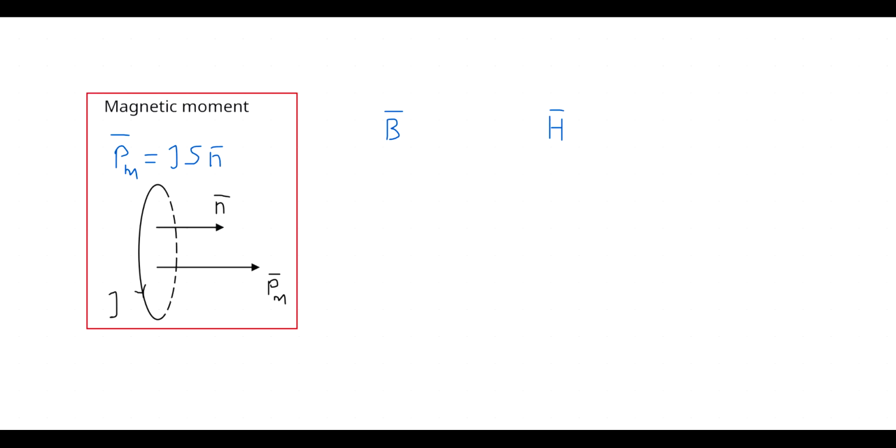And there is a connection between these two values. This connection is B equals mu mu 0 multiplied by H.